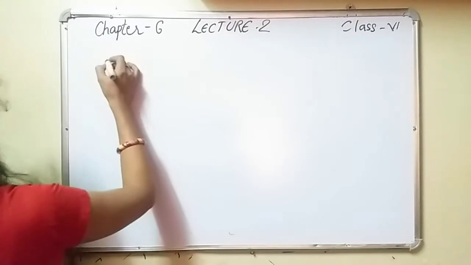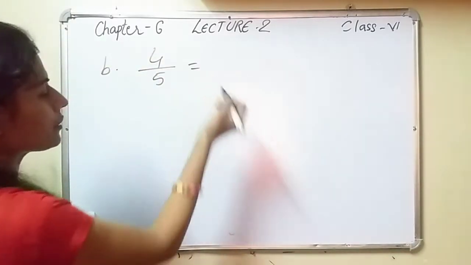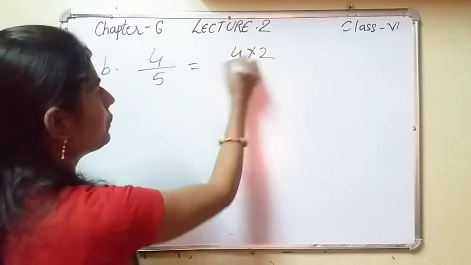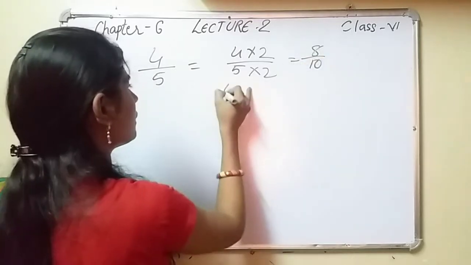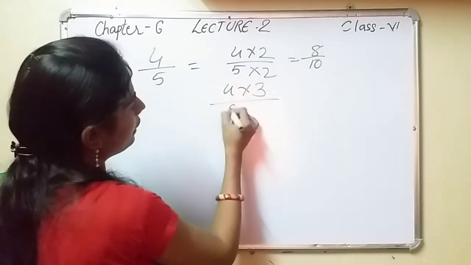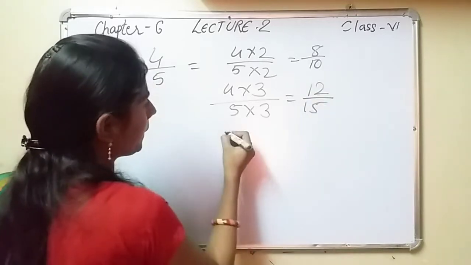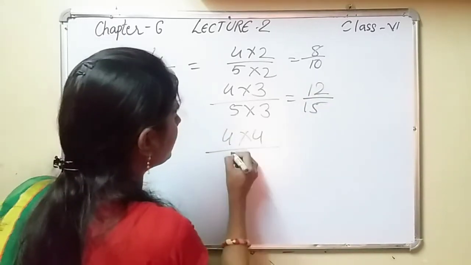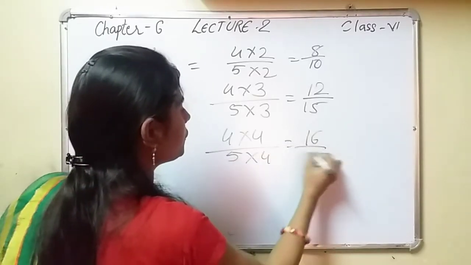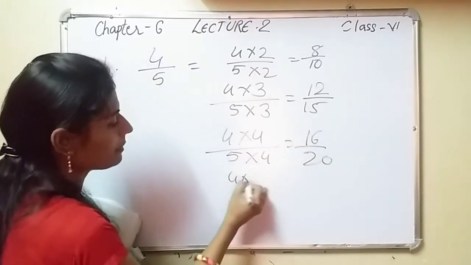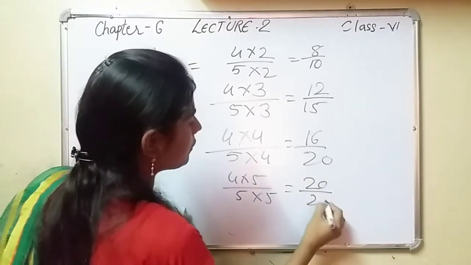Okay, now see question number B, 4 by 5. Which are the next 4 equivalent fractions you have to find? 4 multiply by 2, 5 multiply by 2, that is 4 2s are 8, 5 2s are 10. Then 4 multiply by 3 and 5 multiply by 3, that is 4 3s are 12, 5 3s are 15. 4 multiply by 4 and 5 multiply by 4, 16 and 20. 4 multiply by 5 and 5 multiply by 5, that is 20 and 25.